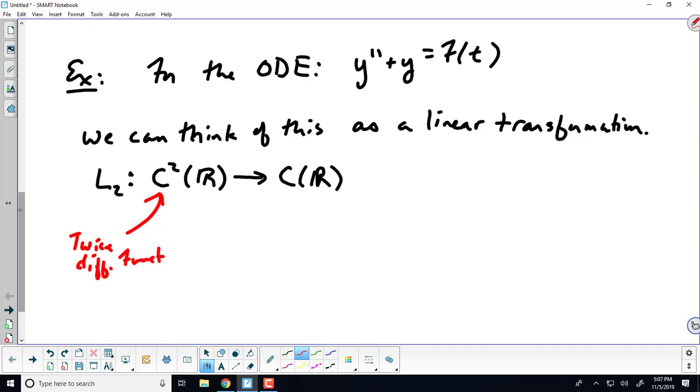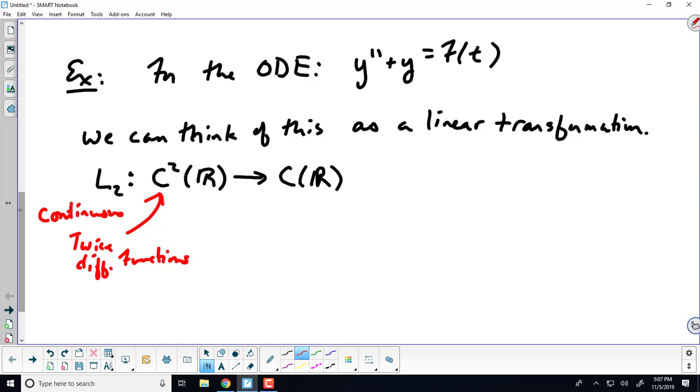Being a little bit more careful, they're the functions that you can take the derivative of at least twice, and they're still, that C stands for what? Continuous. So they're the functions that you can take their derivatives twice, and you still get a continuous function when you're done.